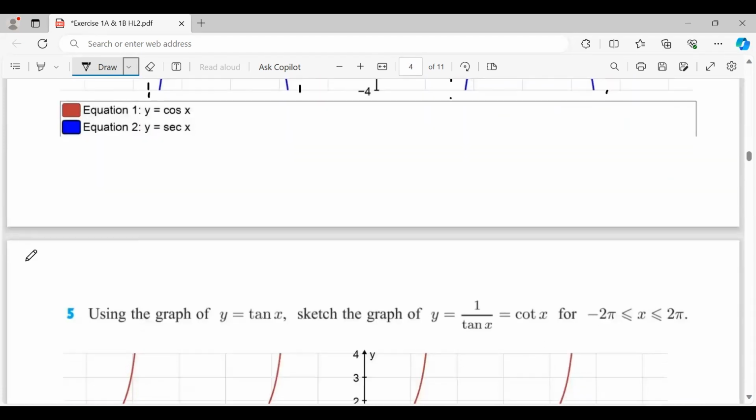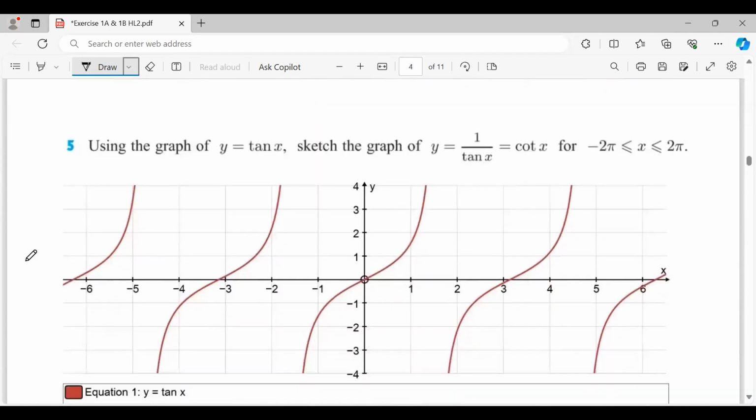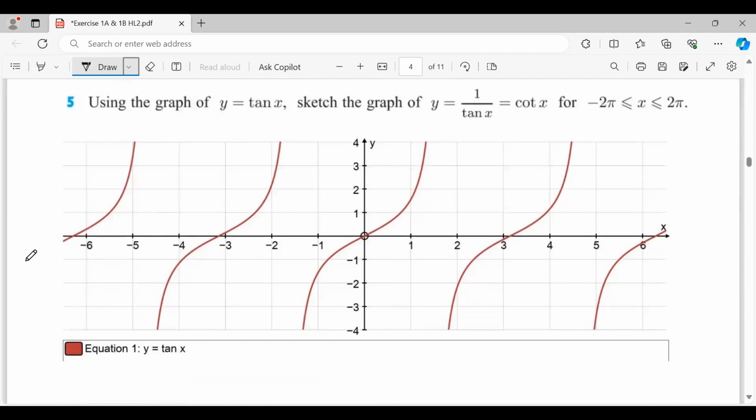Next. Number 5. Using the graph of y equals tangent x, sketch the graph of y equals 1 over tangent x, or cotangent x, for the x interval negative 2 pi to 2 pi. Okay. I have sketched this graph for y equals tangent x.